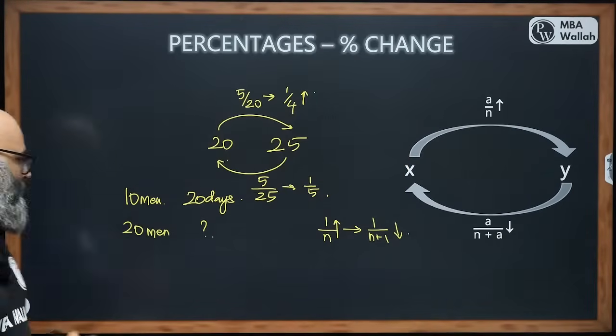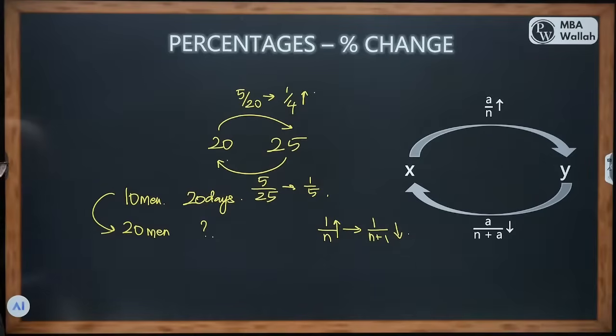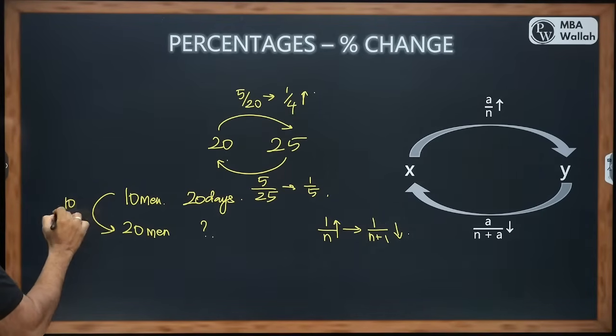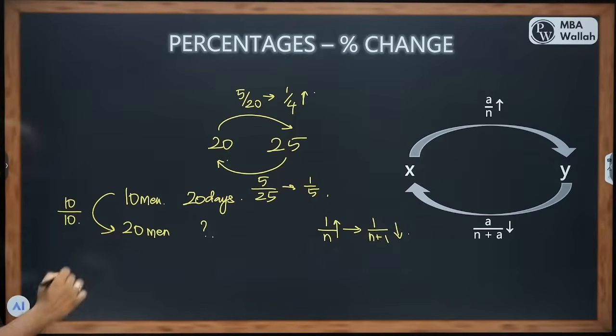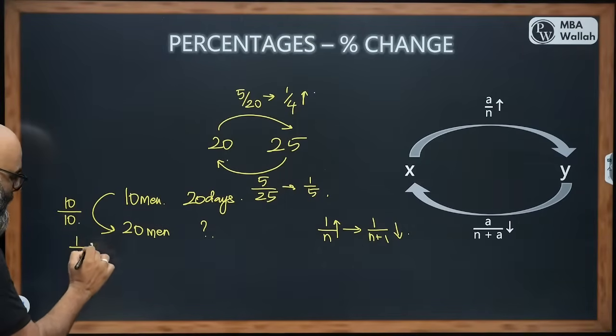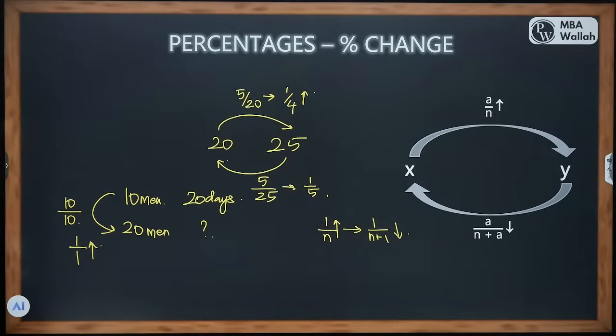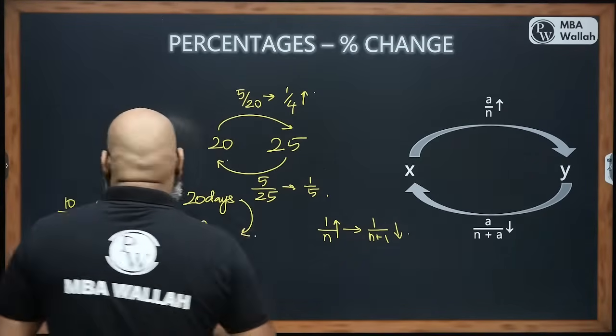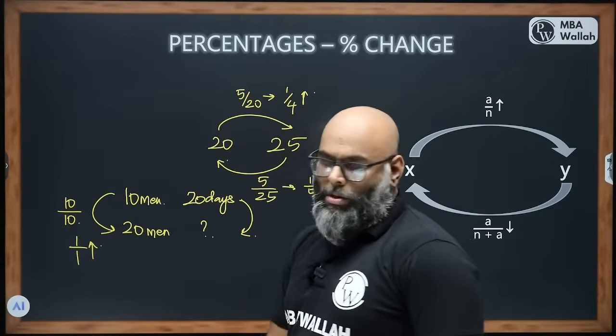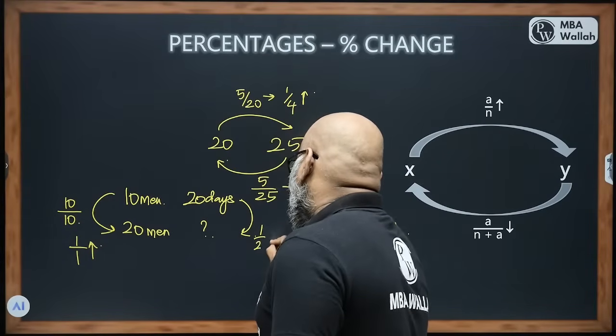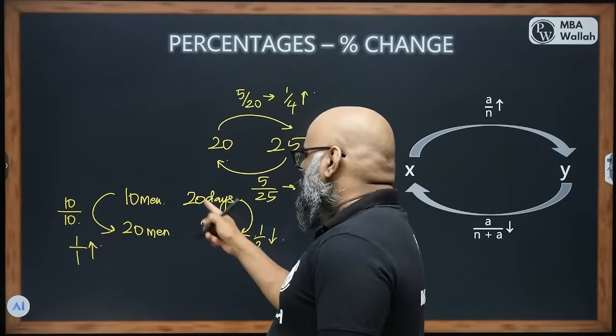Check this out here. What is the increase here? It is an increase of 10 from 10. So can I call it a 1 by 1 increase? So what will happen over here? A 1 by 1 increase would result in a 1 by 2 decrease. What is half of 20?